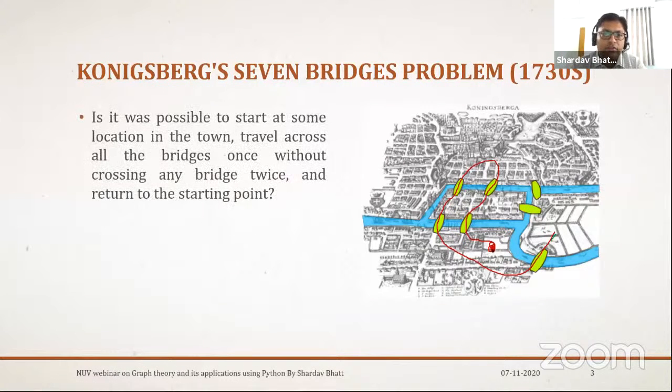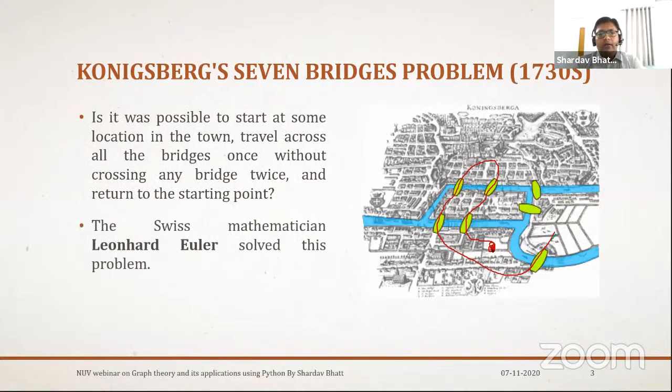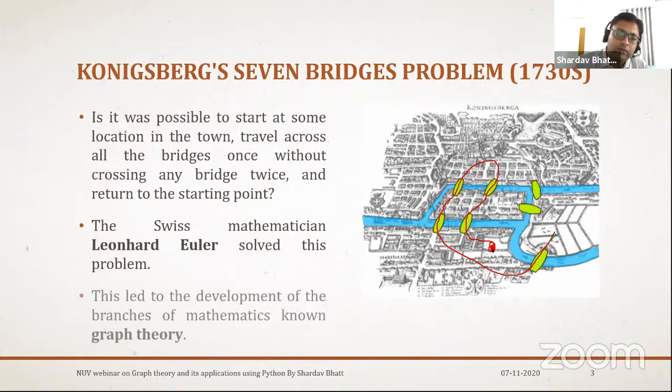The answer was given by a mathematician named Leonhard Euler, a Swiss mathematician. He published a paper around 1736, and that paper started this new subject of graph theory. Generally by a graph we mean the Cartesian coordinate system and all those things, but graph theory is different from those things. We don't have any coordinates, we don't have any functions, graphs here.